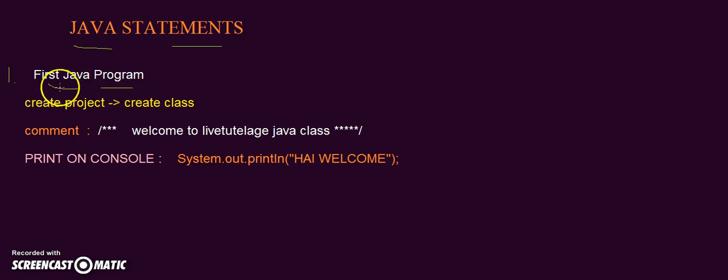For writing the first Java program, if you want to type any Java program instructions, we already discussed in our previous session that we require two things. One is our JDK, which is Java Development Kit, which should be downloaded from the net and installed. And the second is Eclipse, which is an IDE.